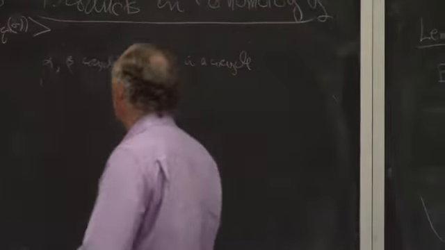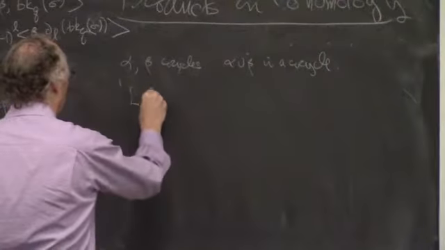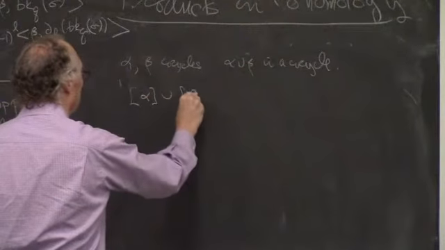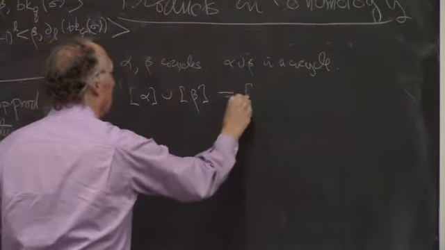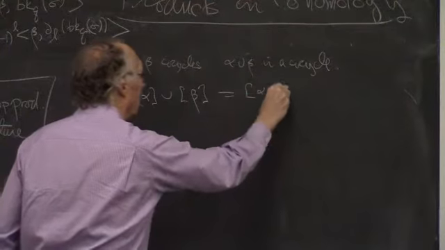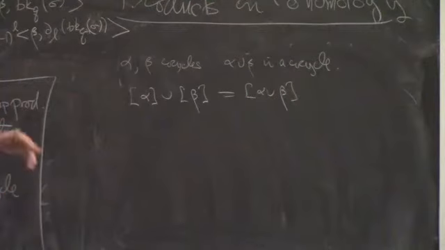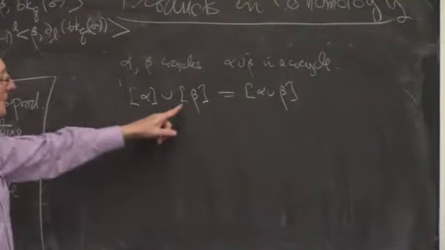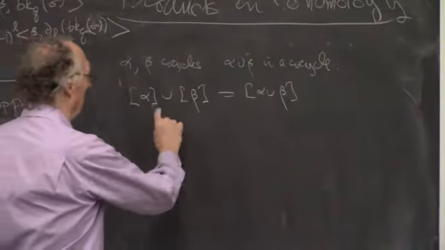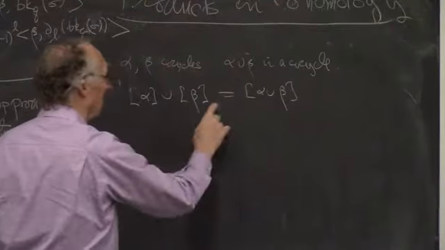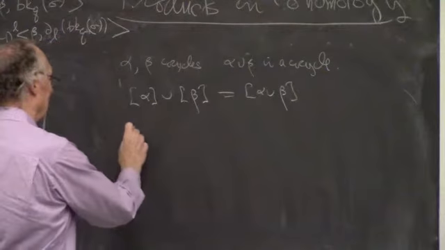So you define, given two cohomology classes, their cup product to be the cohomology class that represents the cup product of their cocycle representatives. You have to show this is well defined. Well, first of all, alpha cup beta is a cocycle, so it does define a cohomology class.